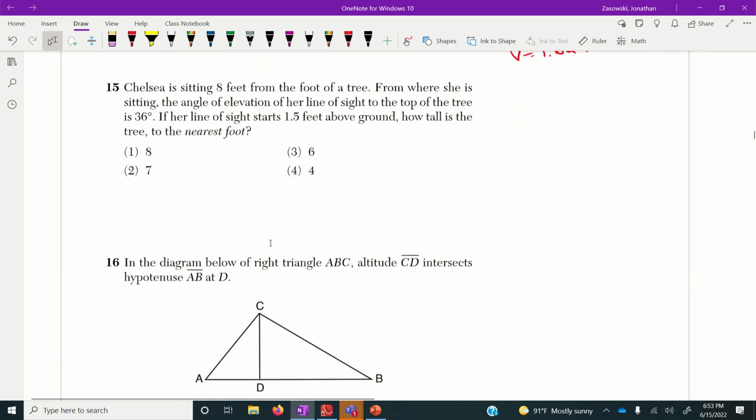All right, Chelsea, sitting 8 feet from a tree. From where she is sitting, angle of elevation. Ooh, angle of elevation. That's a trick question. All right, so we got ourselves a tree. Okay, Chelsea is sitting 8 feet from the tree.